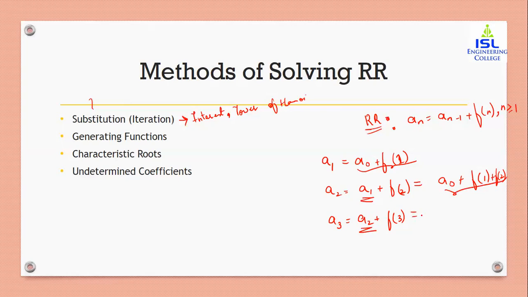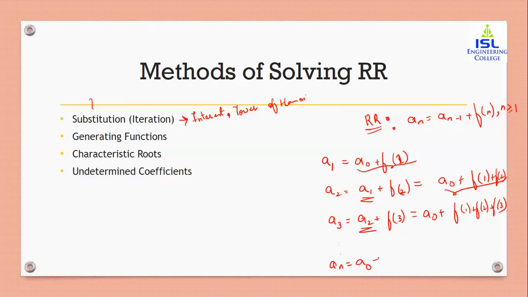So we will have a0 plus f of 1 plus f of 2 plus f of 3. And similarly, this will continue till an. In a3, we were getting f of 3.